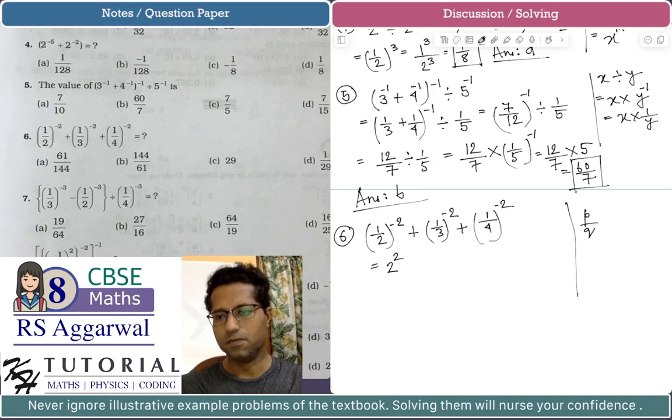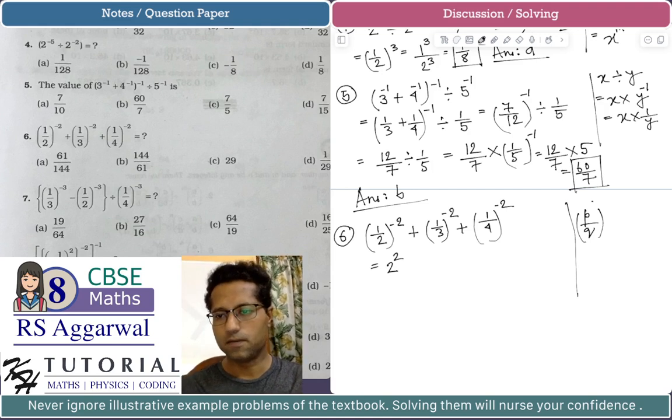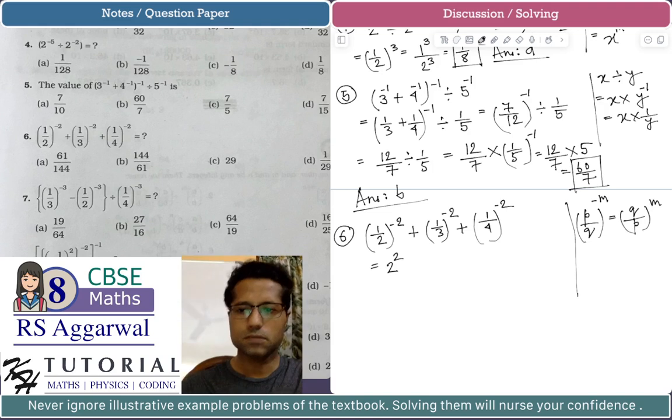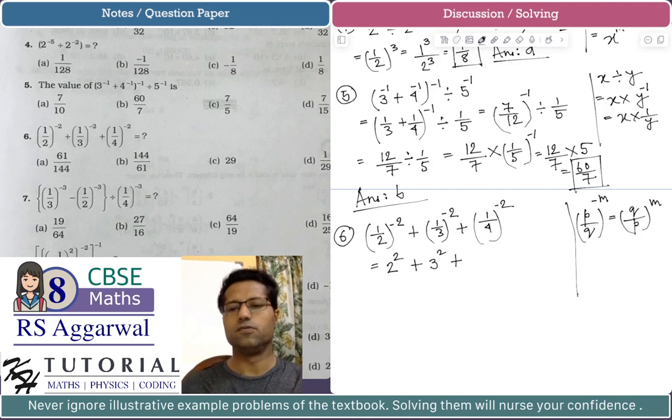A non-zero rational number p by q raised to the power minus m, where m is a positive integer, is nothing but q by p raised to the power m. So applying this concept, (1/2) to the power minus 2 becomes 2 squared, (1/3) to the power minus 2 becomes 3 squared, and similarly (1/4) to the power minus 2 becomes 4 squared.